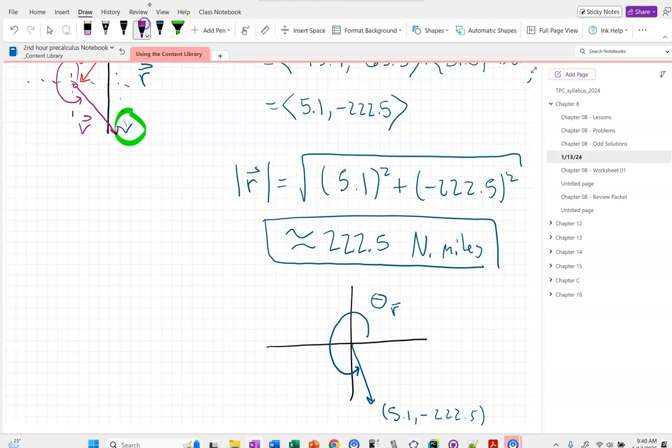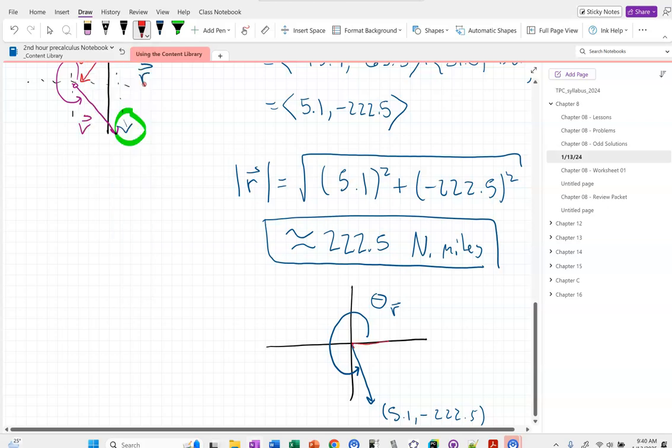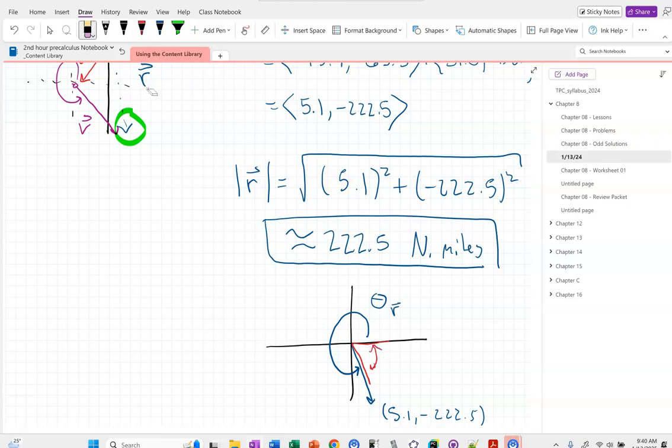So just like we did in first semester, I'm going to draw my angle alpha between the terminal side of my angle and the x-axis. And I know then that my angle theta is going to be 360 minus that alpha.